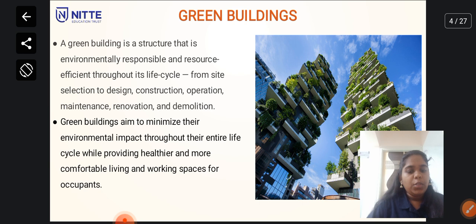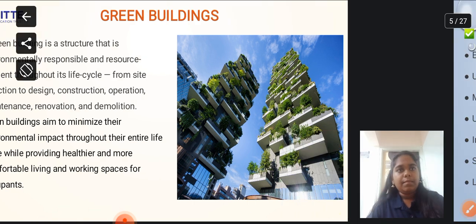A green building is a structure that is environmentally responsible and resource efficient from design, construction, and operation to demolition. These aim to minimize the environmental impact throughout their entire life cycle, providing healthier and more comfortable living for the residents.